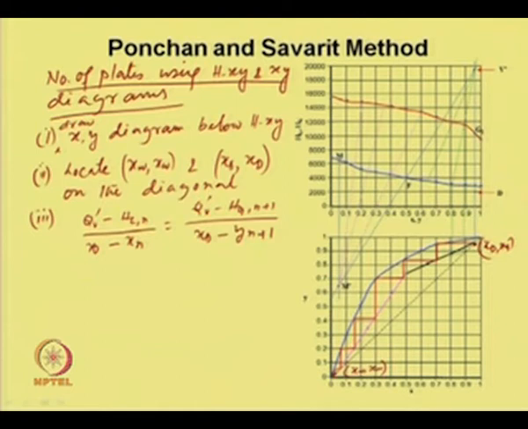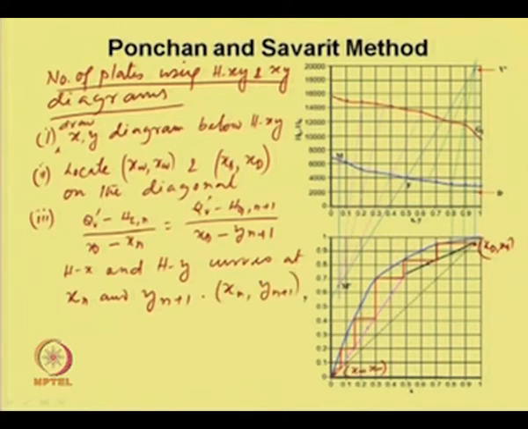So, any line which is emitted from point V dash or point M dash intersects the HX and HY curves at xn and yn plus 1. These points xn and yn plus 1 are a point on the operating line.